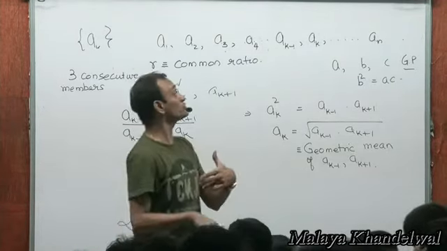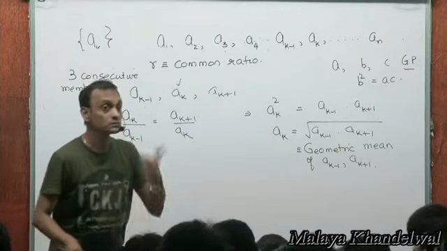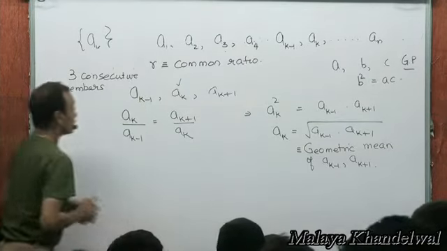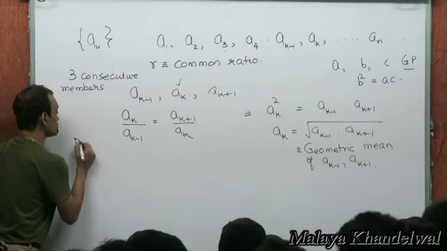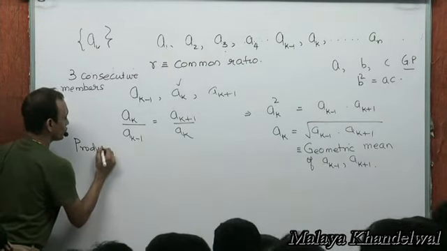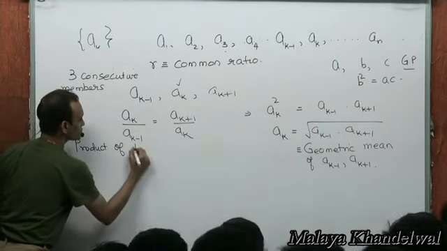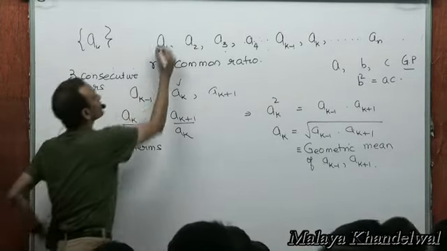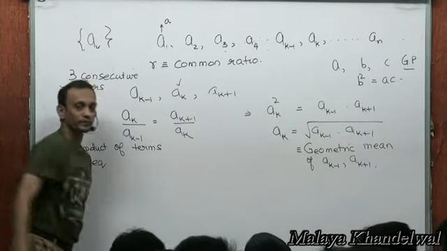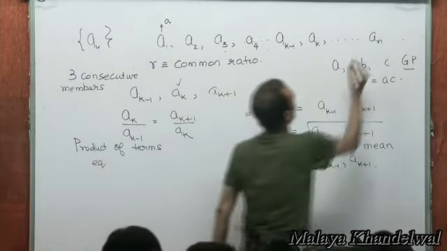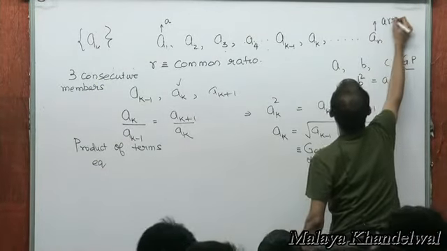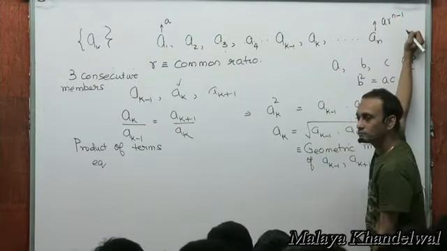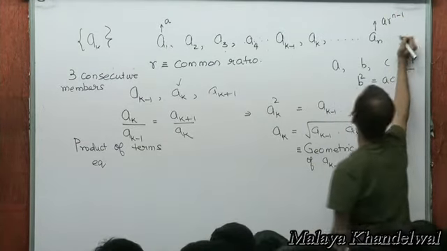The other fact that you would see very easily is about the product of terms. See, for example, A1 is A. AN would be A r to power n minus 1? Yes or no? The nth term? Okay.